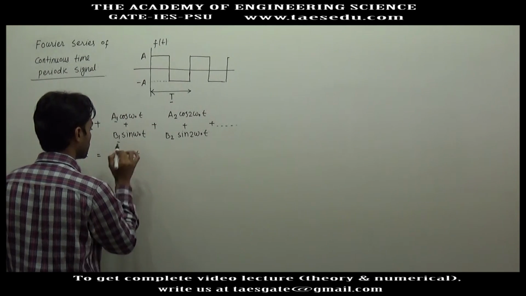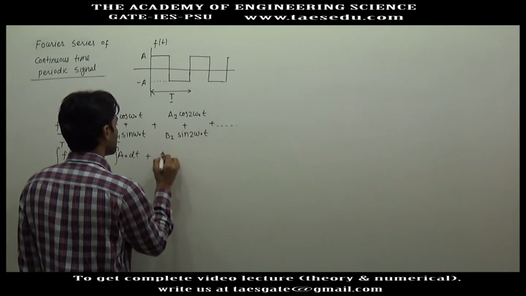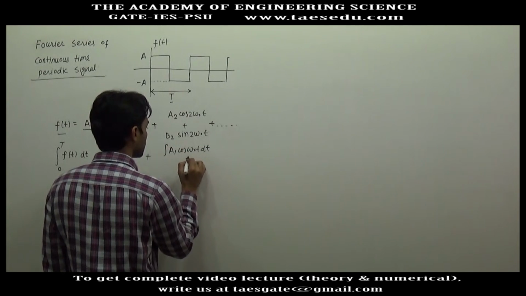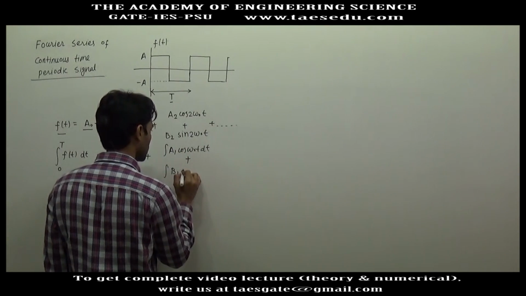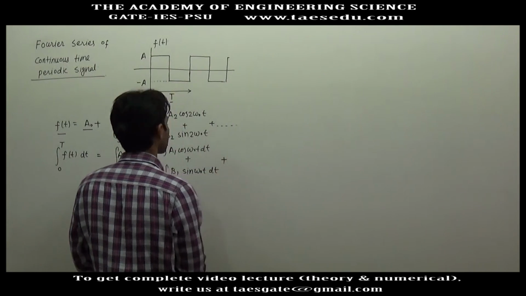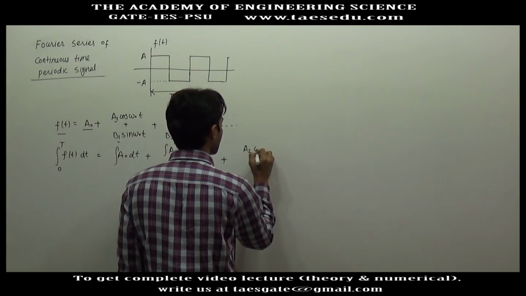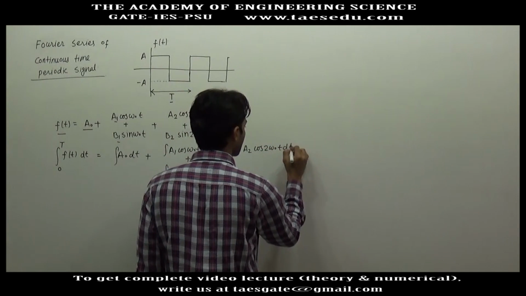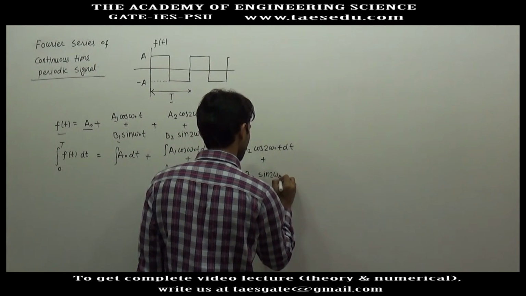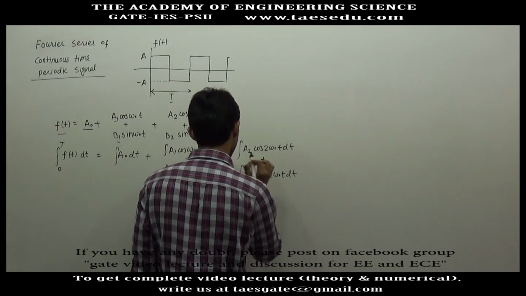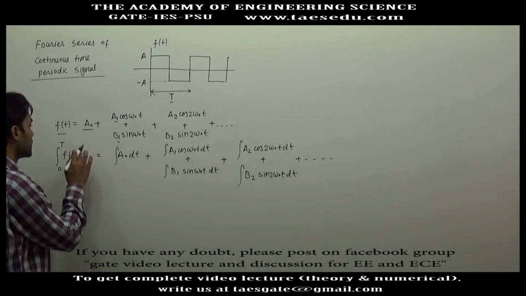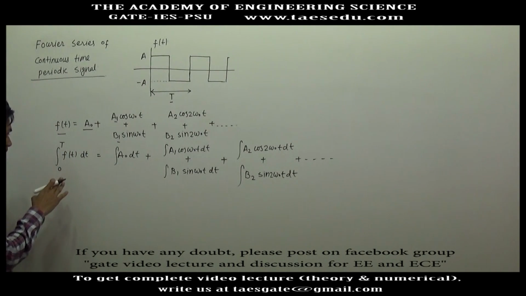Integration of f(t) dt equals integration of a0 dt, plus integration of a1 cos omega naught t dt, plus integration of b1 sin omega naught t dt, plus integration of a2 cos 2 omega naught t dt, plus b2 sin 2 omega naught t dt, and this way the integration of all the terms. We are integrating for a duration of 0 to T.